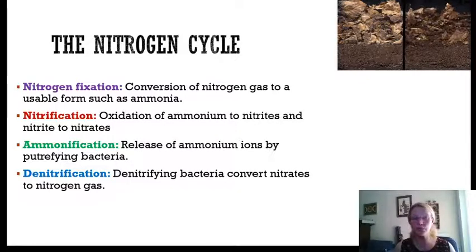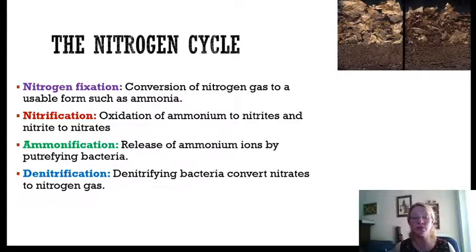There's another process that's called nitrification. You can see that that is highlighted in red. So nitrification then is oxidation of ammonium to nitrites and nitrites to nitrates. Again, we'll look at those in a little bit more detail in just a moment. We've got ammonification, which is the release of ammonium ions by putrefying bacteria.